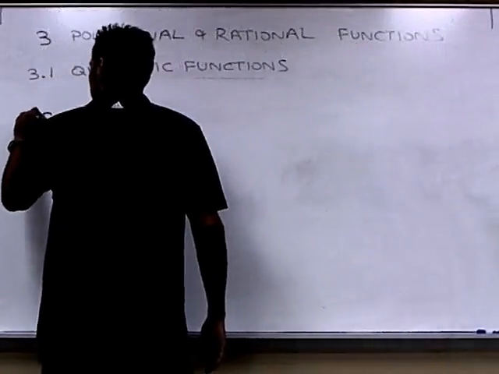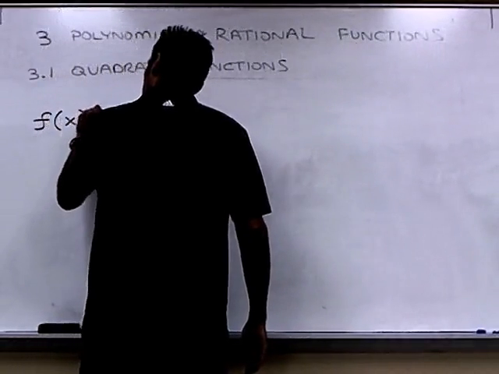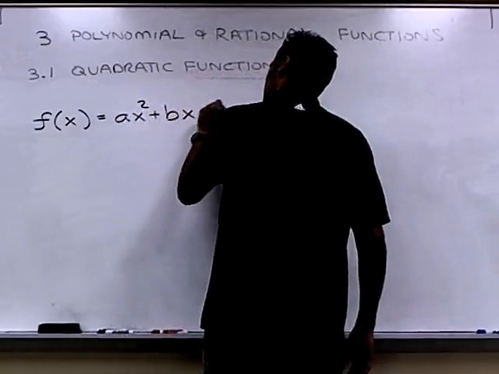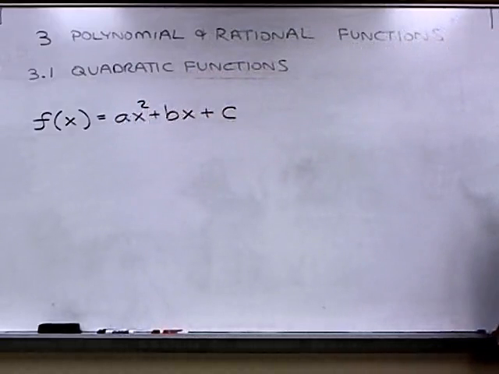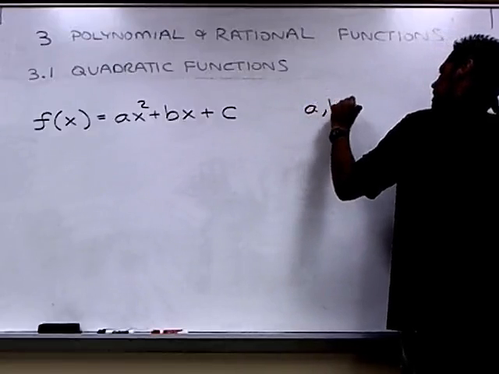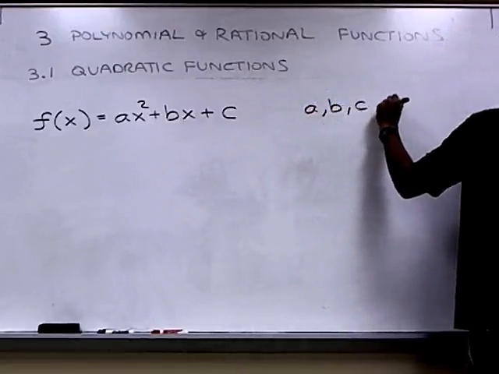Quadratic function has this form. ax squared plus bx plus c. All quadratic functions can be written that way. Here, the a, the b, and the c are numbers.